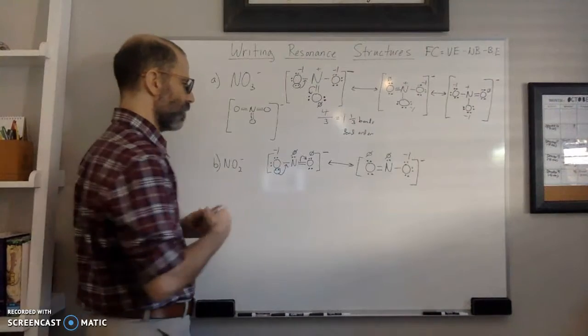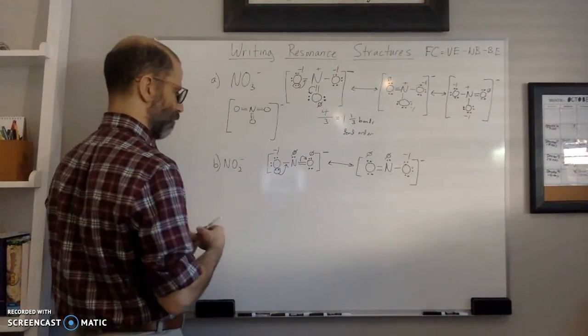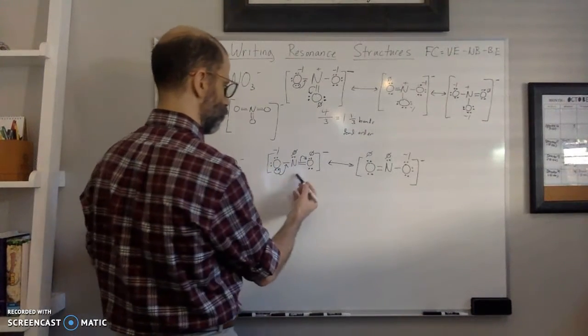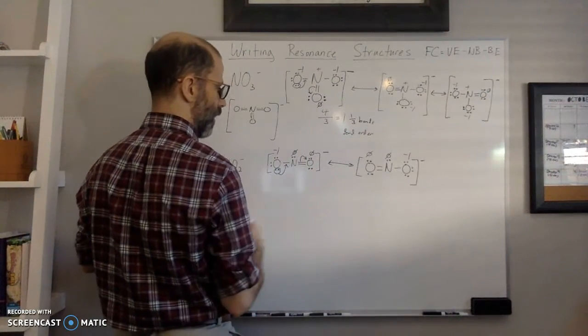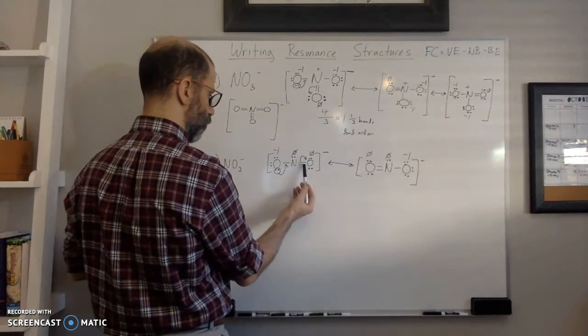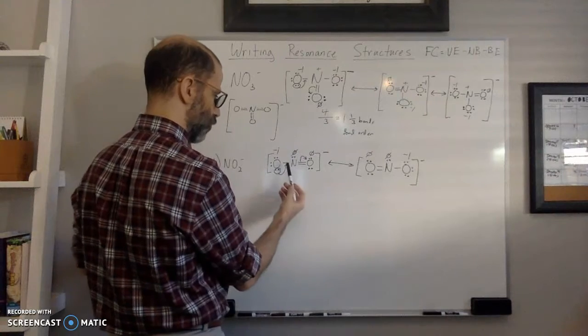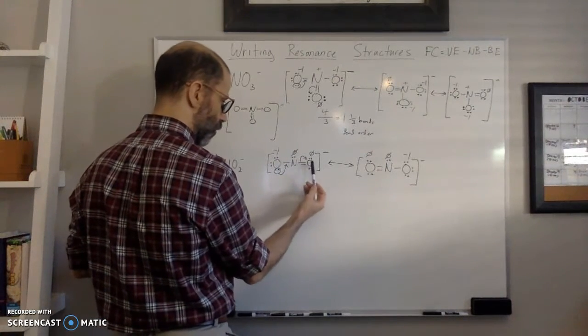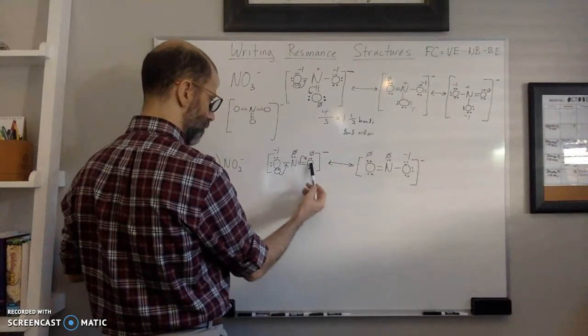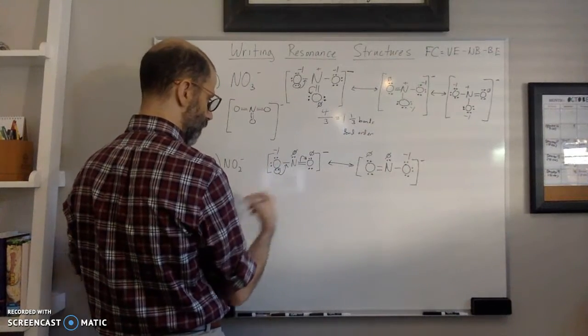And so when you do an average of this, in this case, you have 2 resonance structures. And then you've also got 1, 2, 3 bonds. So you have 3 bonds that are being averaged. These two are the same element.